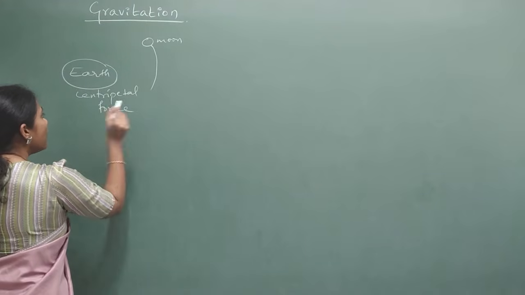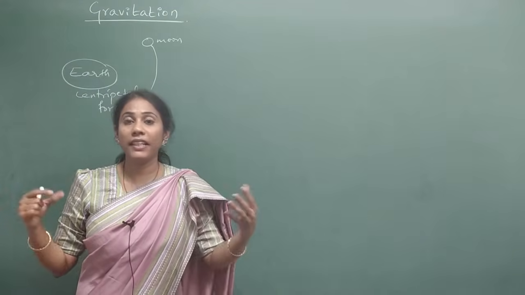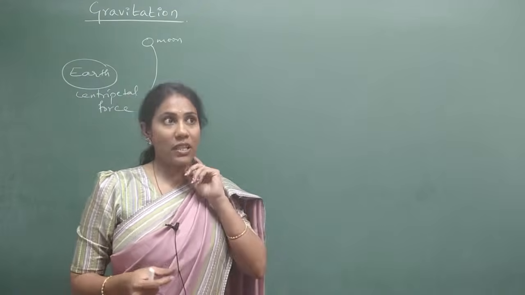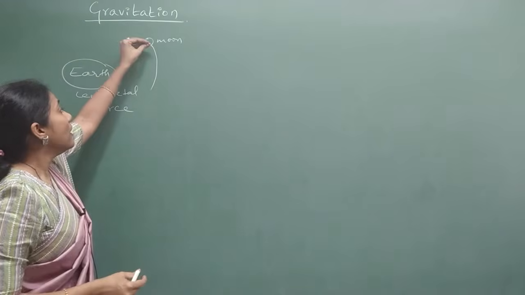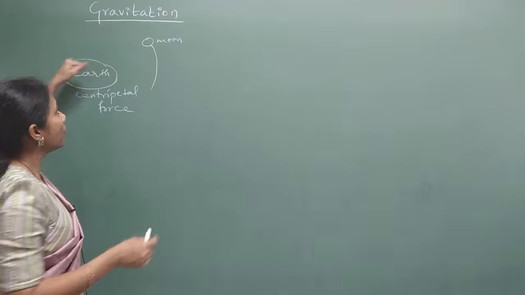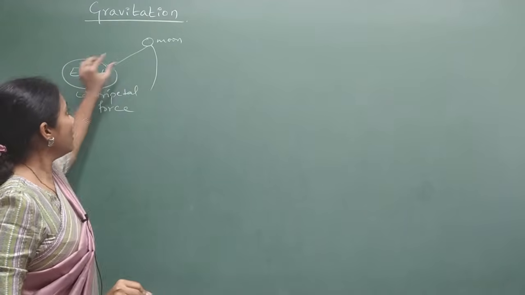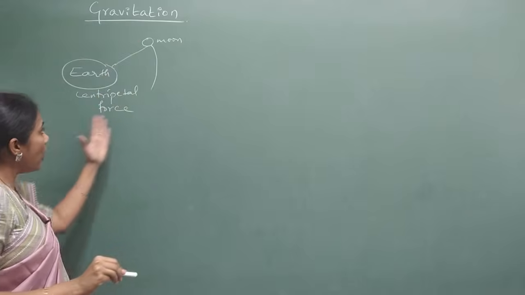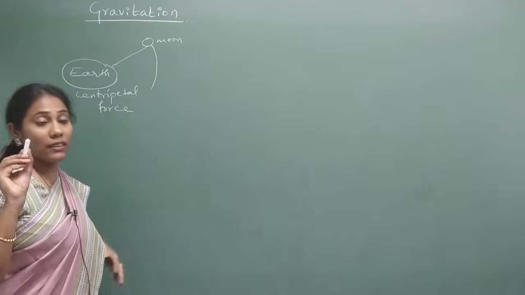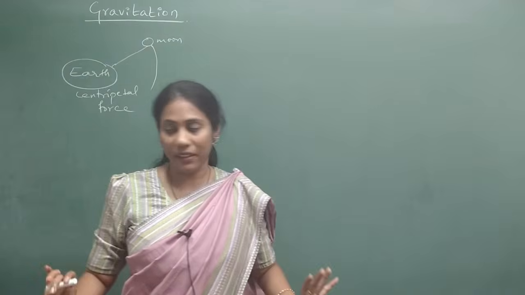So some of you have asked me, ma'am, please kindly explain the deeper aspects of centripetal force. So why does the moon not fall on earth? When earth is attracting the moon towards itself, it should fall towards the earth, right? But it never falls on earth. Instead, it revolves around earth elliptically, almost in a circular pattern, right?